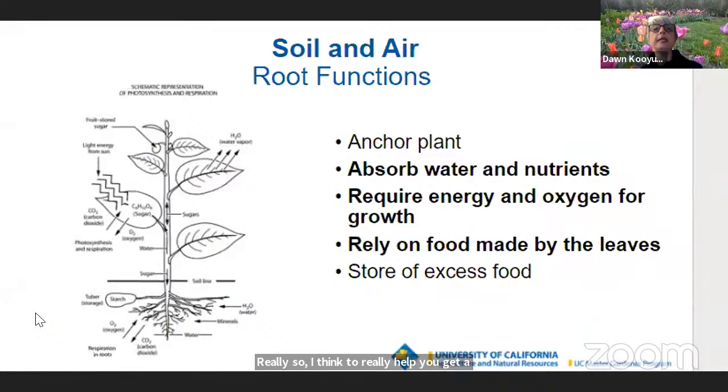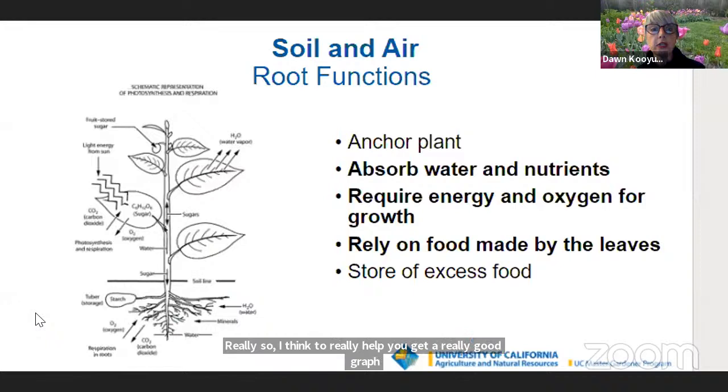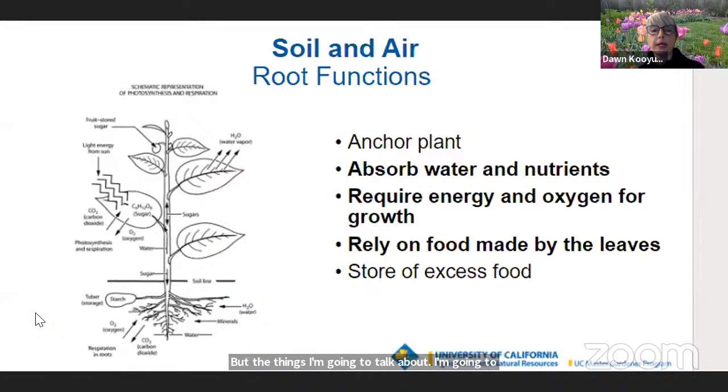So I think to really help you get a good grasp of the things I'm going to talk about, I'm going to teach you everything you need to know about plant biology in 45 seconds. 2 of the foundations are about soil and air, and I want to relate that to how the roots function. Of course, roots do anchor the plant. Without the roots, they would fall over.